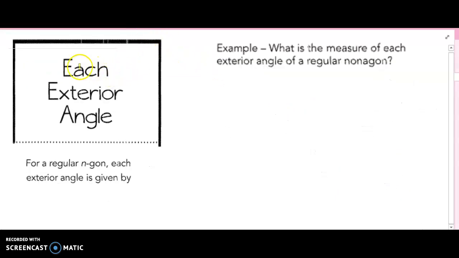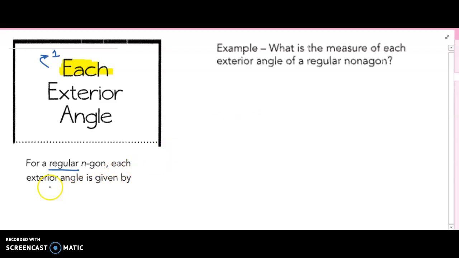All right, let's look under the final flap, and this is each exterior angle. Okay, so this is the measure of 1. Each means 1. Okay, for a regular polygon. And remember, a regular polygon is one that has all equal angle measures and all equal side lengths.